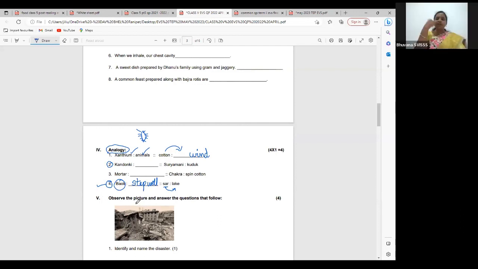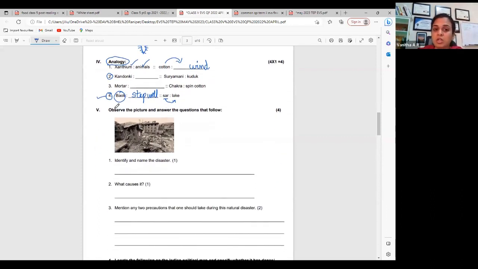Is okra a Hindi word, ma'am? Okra is lady's finger. Yes, ma'am, okra is a Hindi word. Actually, all these appear in the NCERT textbook. If you are supposed to follow the NCERT textbook, we are likely to have more Hindi words like this. They test this every exam: bowley or sar, which is lake, or a step well.